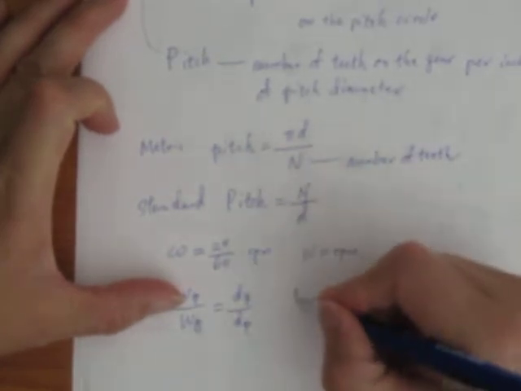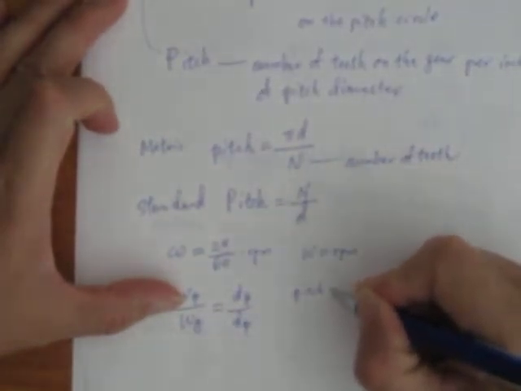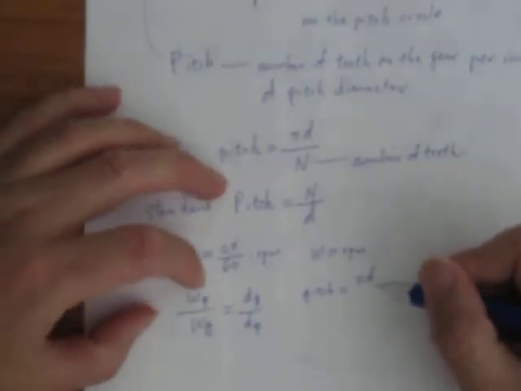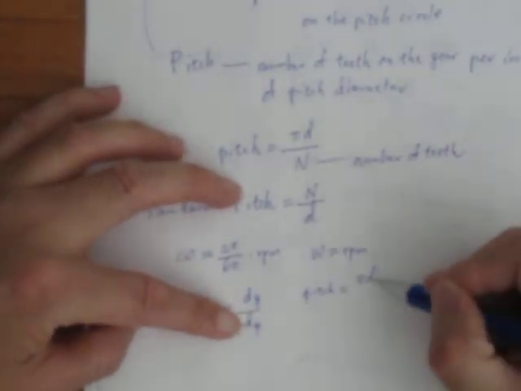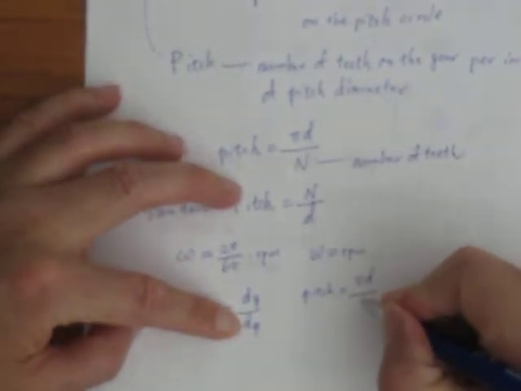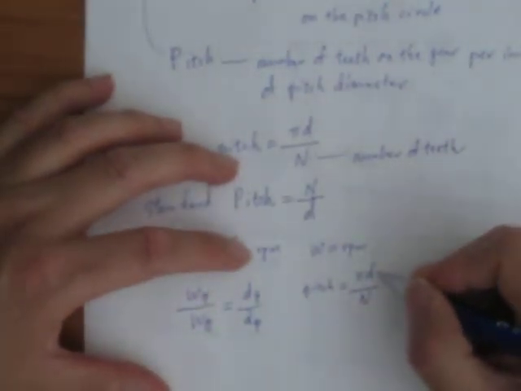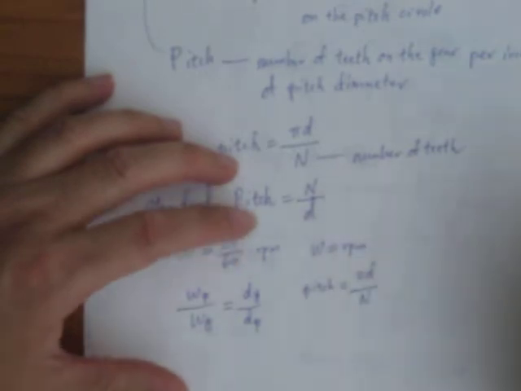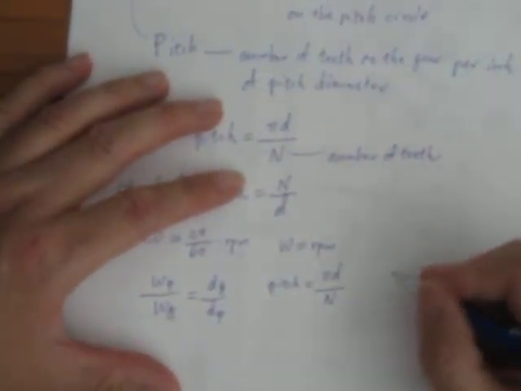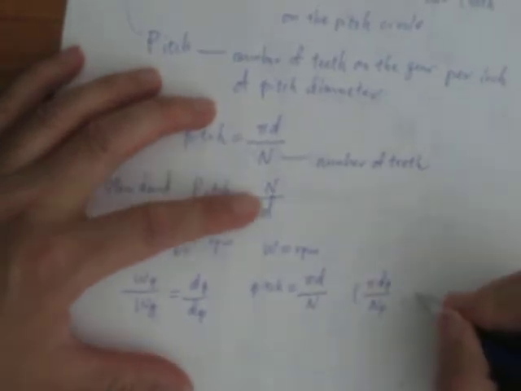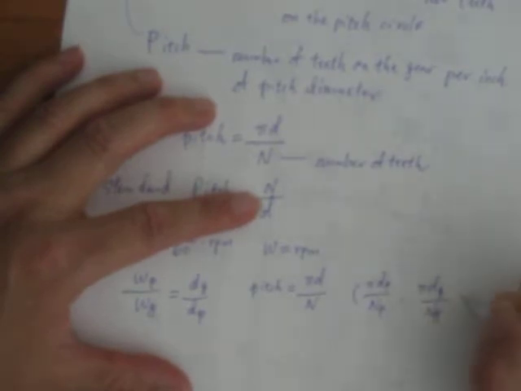Now metric, you have P, pitch, equal to pi D. If you are talking about the pinion, then it's pi dP over NP. If it's gear, then it's pi dG over NG. Okay, so we're gonna have either pi dP over NP, N is number of teeth, or pi dG over NG.